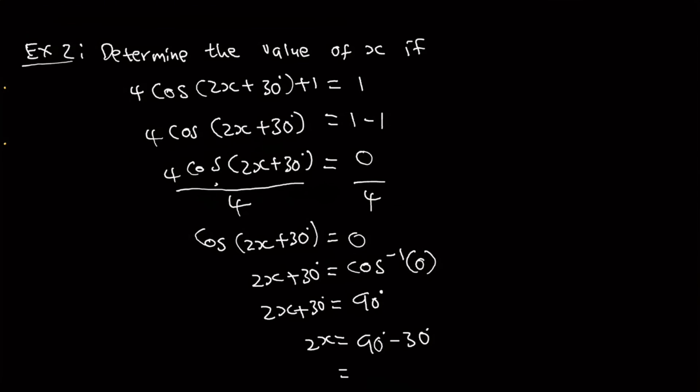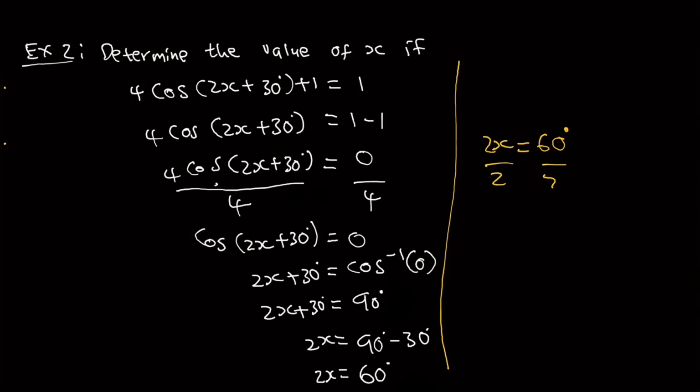So 90 minus 30, that is 60 degrees, equals 2x. Now, when you have 2x equal to 60 degrees, how do you get x? You divide both sides by 2. Therefore, x will be 30 degrees.